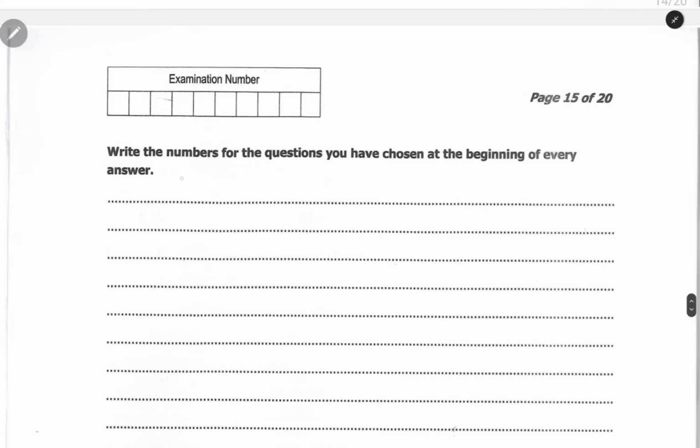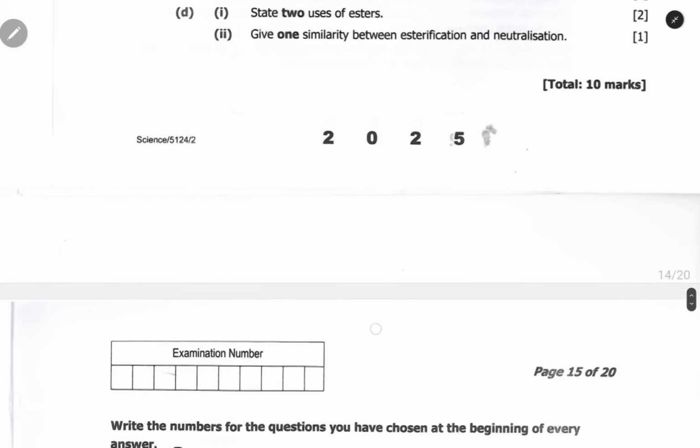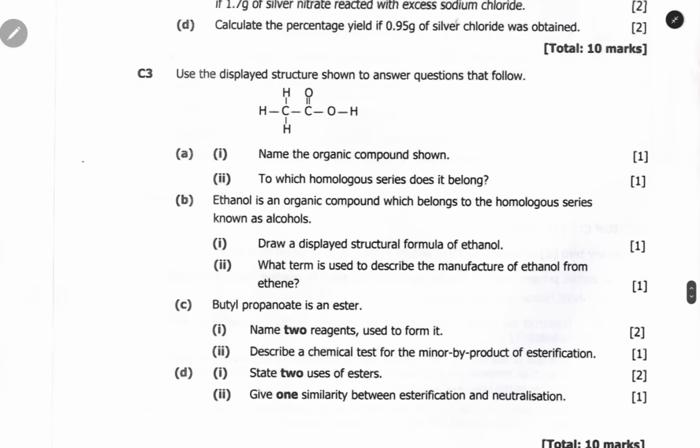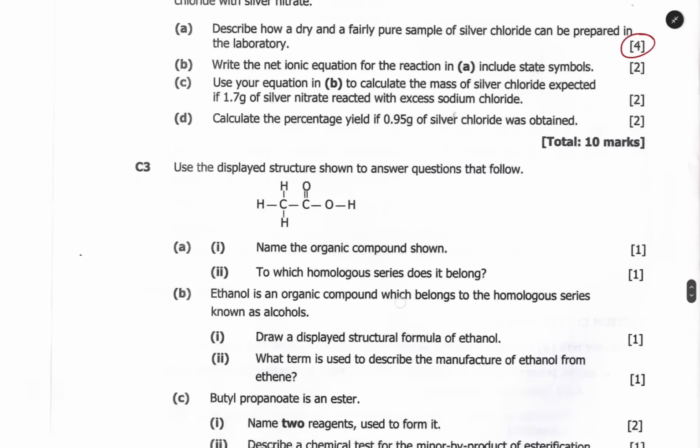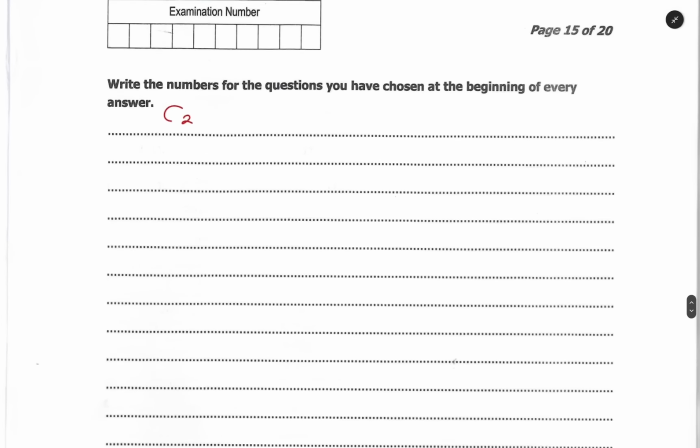So we are going to go to the spaces. We're going to use this space that is for C2. So for C2, this is question A, so C2A.